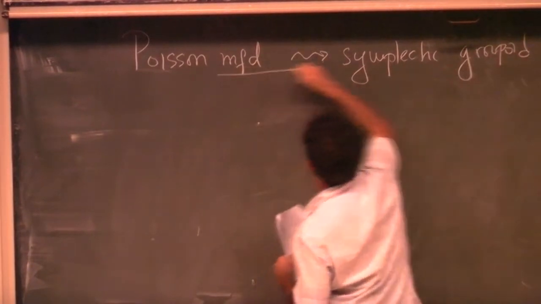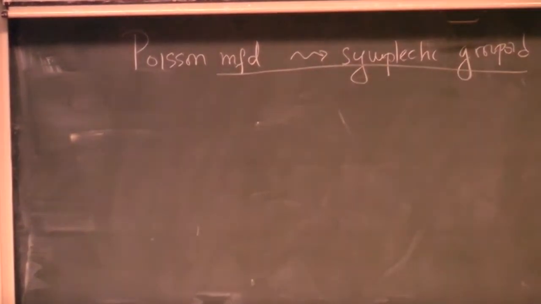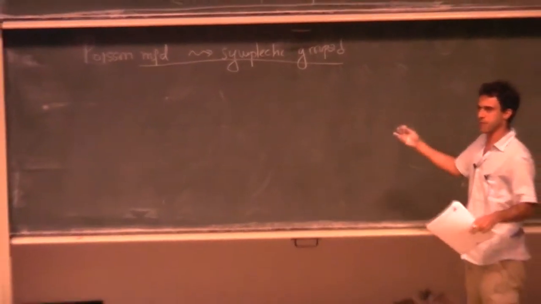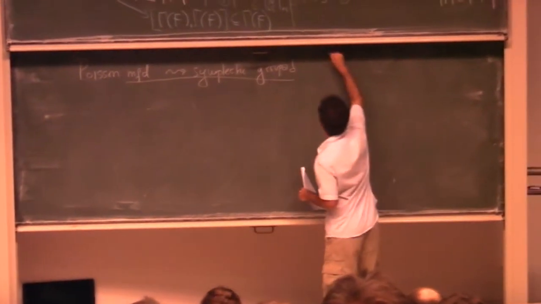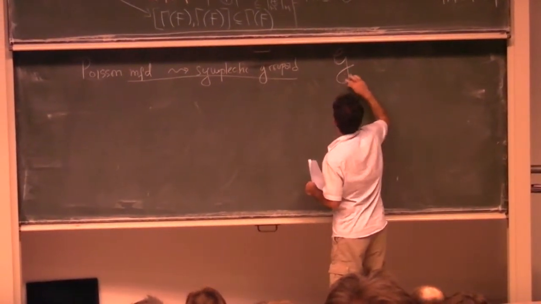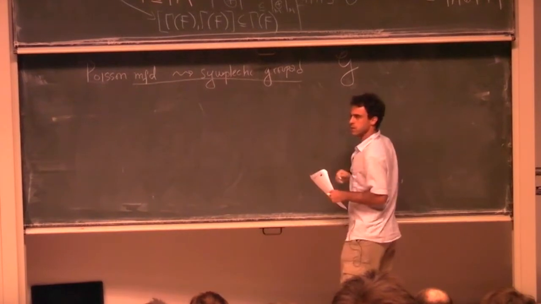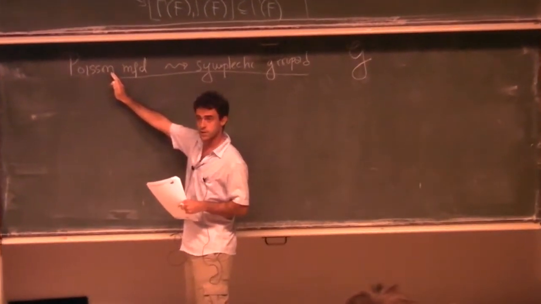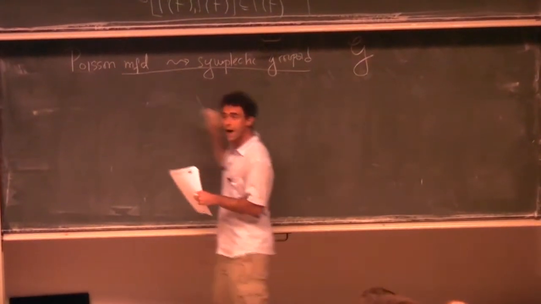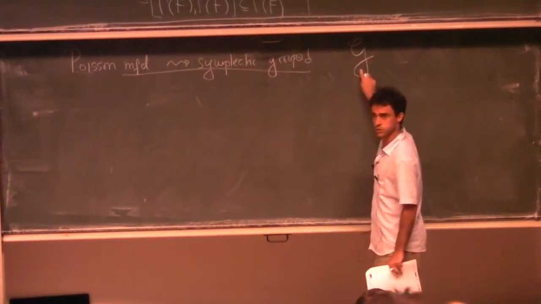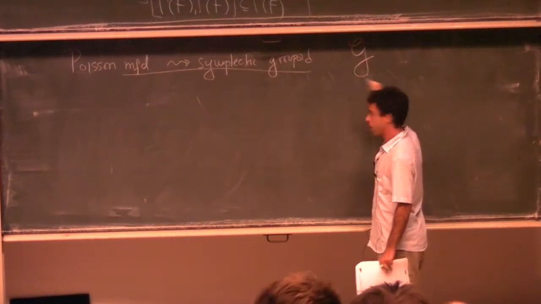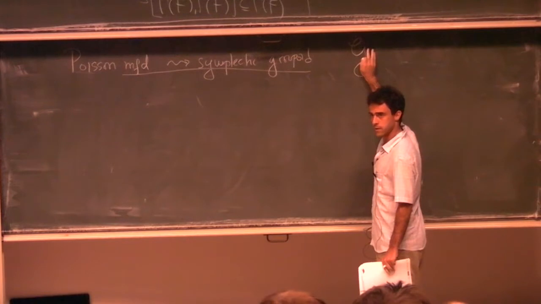So what is the key observation here? Unlike what Rui was doing, he had a method that constructed the groupoid using this path, right? But I'm going to assume that I know what the source simply connected groupoid integrating the algebroid of the Poisson manifold is, and I'll just explain to you why this guy inherits a symplectic structure. Just this bit I'm doing. Okay, so I assume that the groupoid is there already for me.